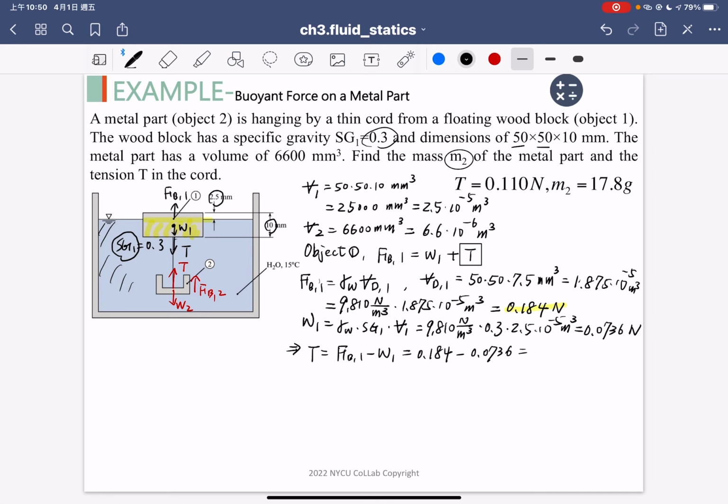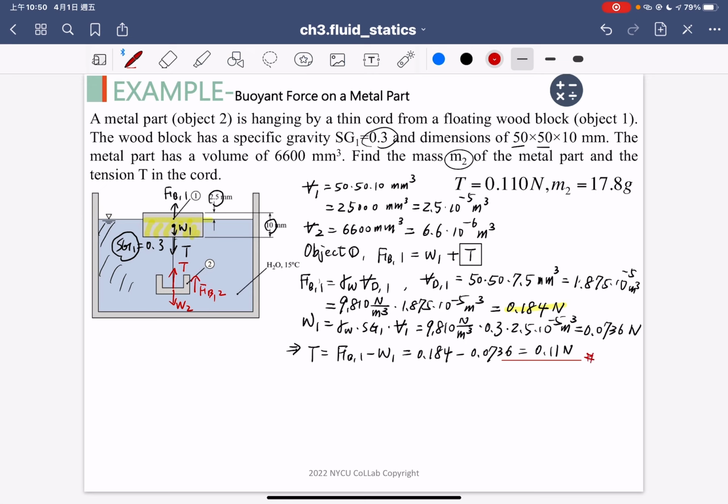So if you use your calculator to compute, the answer is around 0.11 Newton. Okay, so this is our first answer for the tension force, 0.11 Newton.